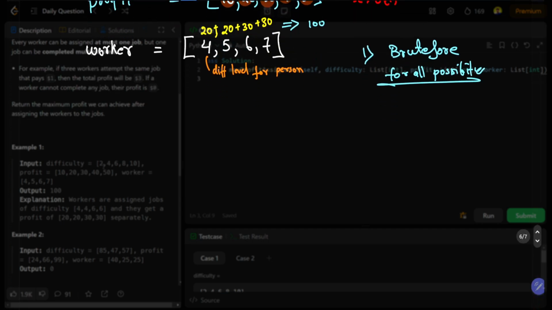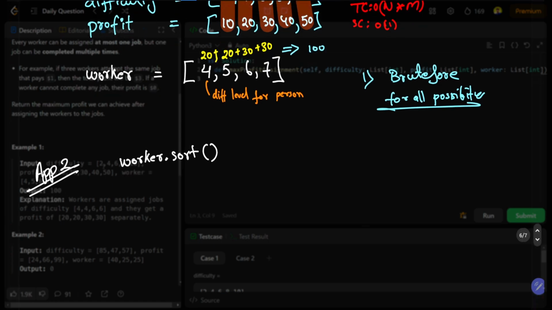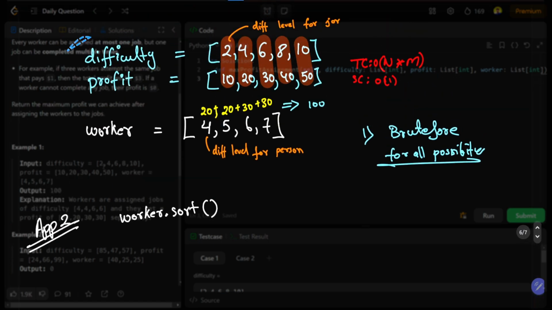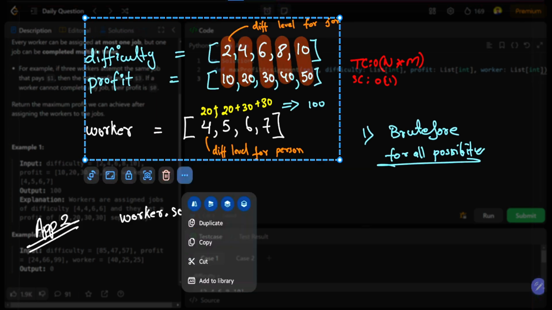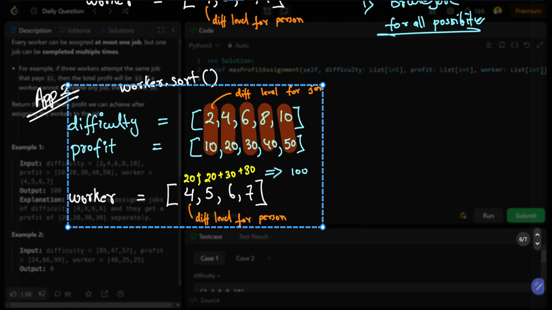So I have another approach. Let's say approach 2. What I'll be doing is worker dot sort. Why? Because what if I have this array? Let me again copy this array, and I'll use the same logic over here.